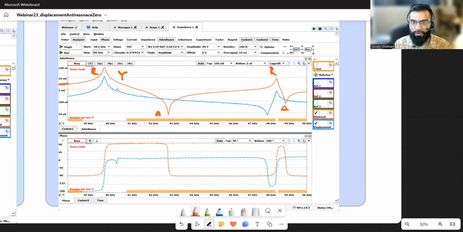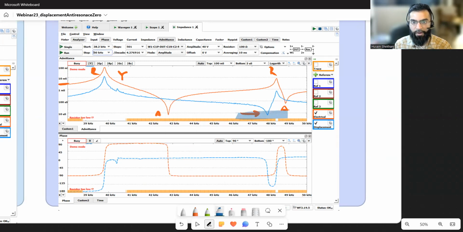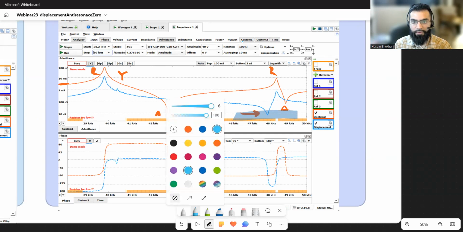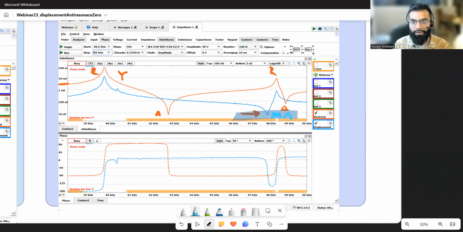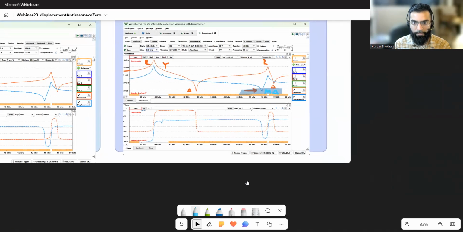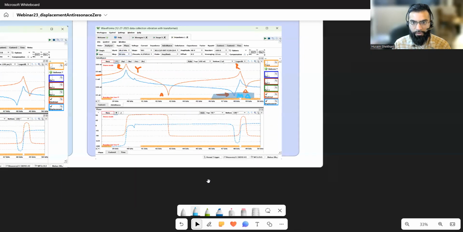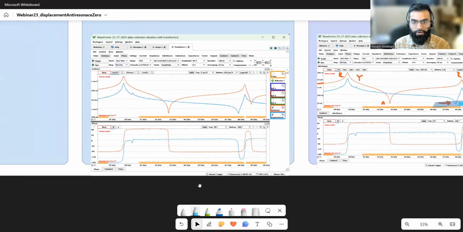But here, it's kind of strange that we have a minimum displacement before this resonant frequency. This minimum displacement is the mechanical anti-resonance. Mechanical anti-resonance, where you have displacement being the lowest, happens because of destructive interferences which occur.